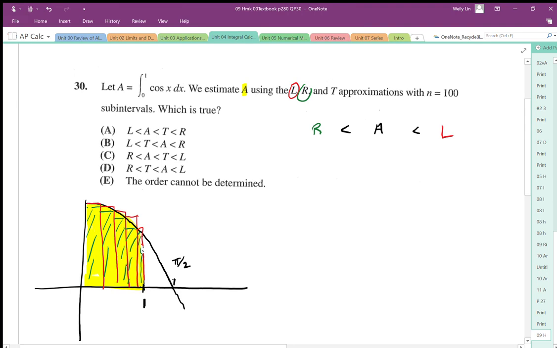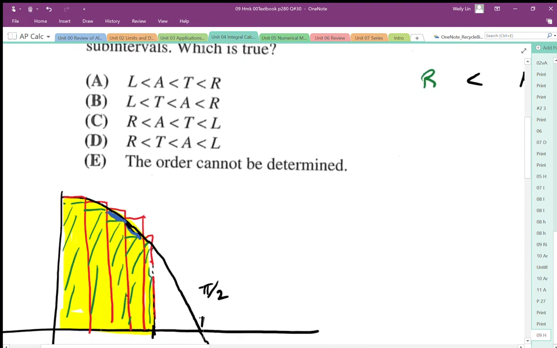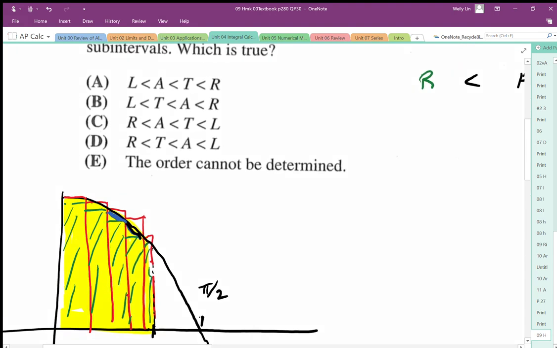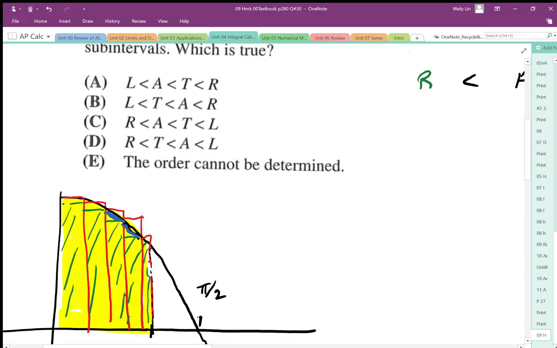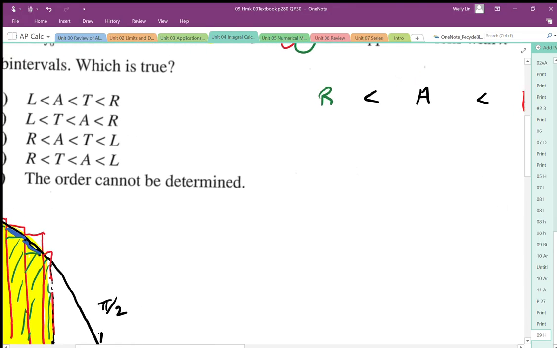So if I draw a trapezoid in here, and essentially a trapezoid is the average of the right and left Riemann sums, we can see the trapezoid is going to be somewhere in between right and left. Now, it's hard to see, but if I zoom in, because it's concave down, the curve is going to end up above that blue line, which means that the A value, the area under the black line, is going to be greater than the trapezoid.